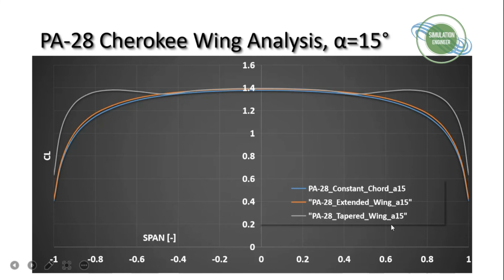So if you have a tapered wing geometry, we can see that there is an increase in the lift coefficient, and also with an extended wing geometry, but not such a considerable effect. But one can see that it is still really prominent, that the shape or the wing planform really plays an important role based on your desired objectives for your particular wings or airplane analysis.